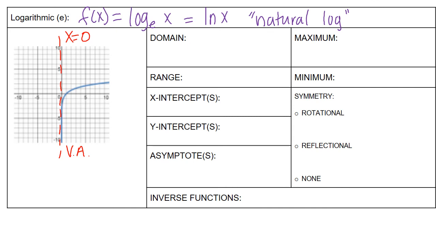This time, instead of 0, 1, what point, if it's the inverse, what happens to my x and my y? They switch. So it's going to be at 1, 0. So now I'm going to always have a point of 1, 0.